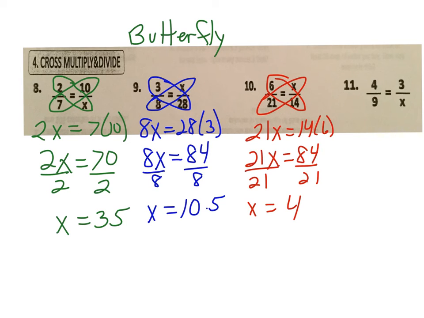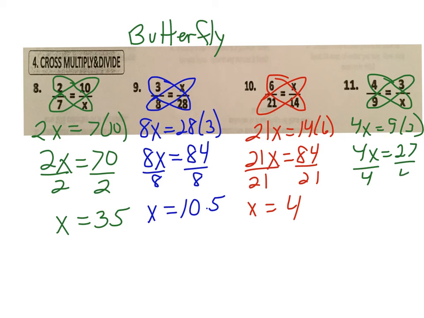Okay, last one, butterfly method. You get 4x equals, and that is 9 times 3. So 4x equals 27. Divide off both sides. One-step equation.